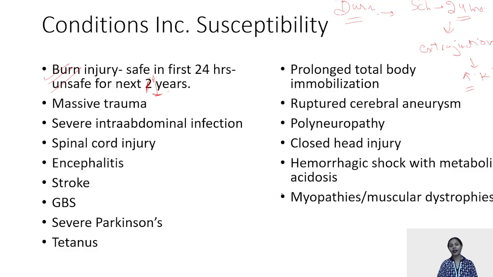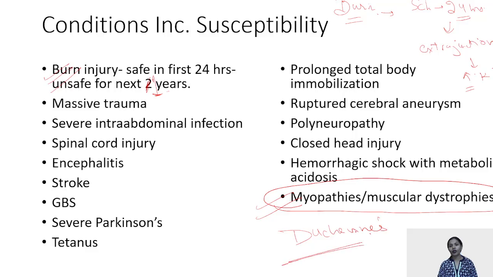Talking about myopathies and muscular dystrophies, there is one case scenario that comes up: Duchenne's muscular dystrophy. It is one of the reasons why scoline is avoided in patients less than 8 years of age.